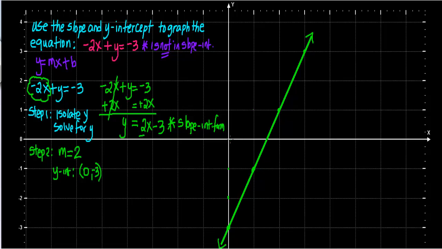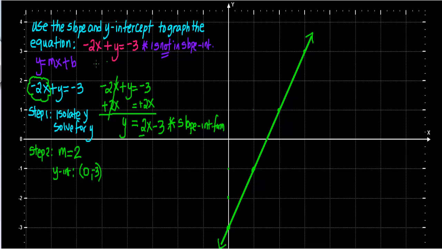Okay, so what's different about this example from the other ones I gave you in the other video is that the equation I gave you is not in slope-intercept form. What form is this in? Do you recognize it? It's in standard form. Remember, standard form was a number times x plus a number times y, in this case that number is 1, is equal to a constant.